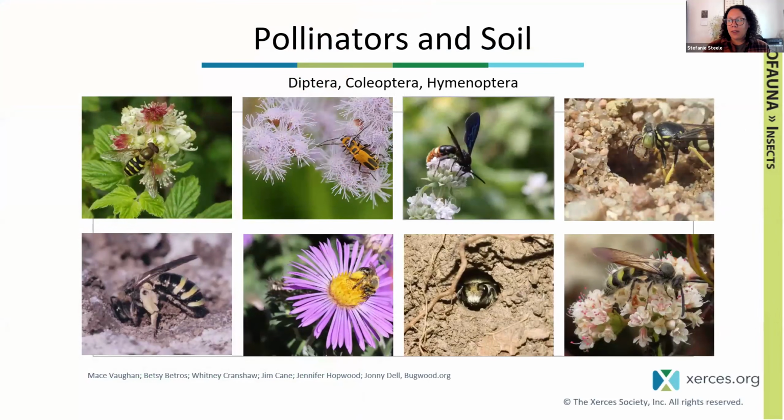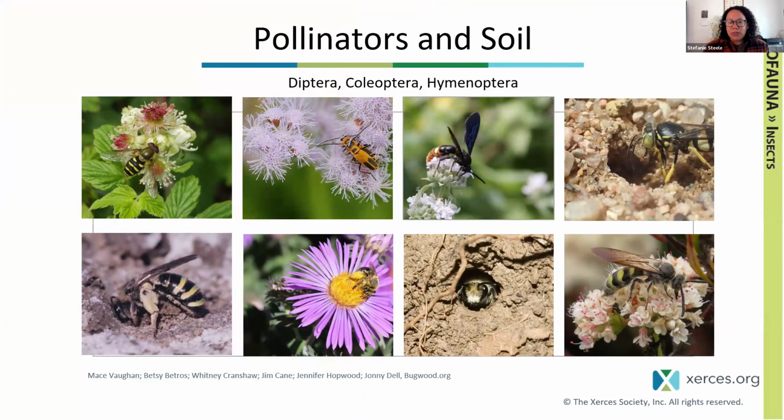All right, moving on to some of my personal favorites, pollinators, and how different pollinators are interacting and contributing to soils. So soil is really important to a wide array of pollinators.